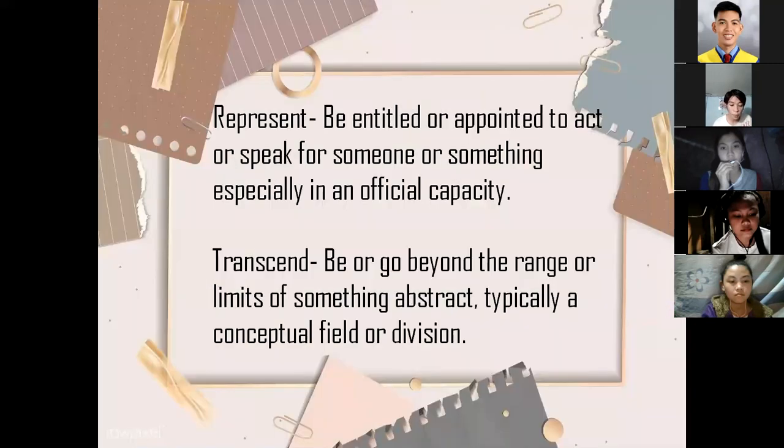When we say represent, it is being entitled or appointed to act or speak for someone or something, especially in an official capacity. Lastly, we have transcend: to be or go beyond the range or limits of something abstract, typically a conceptual field or division. So I guess that's it for the definition of terms.